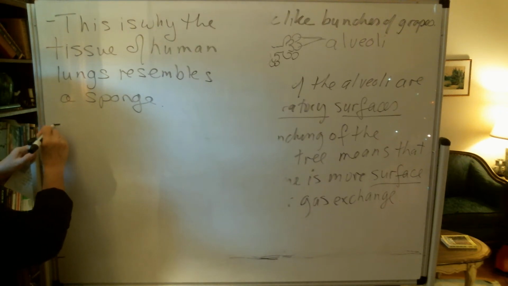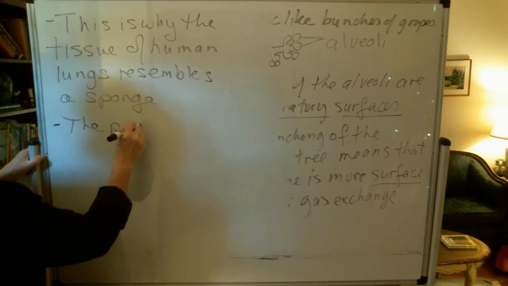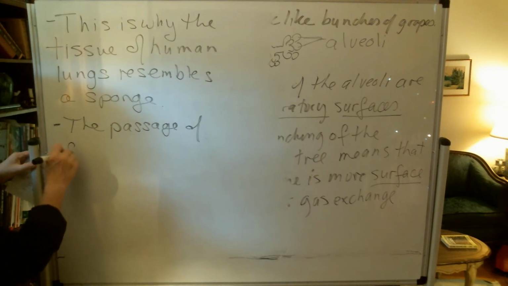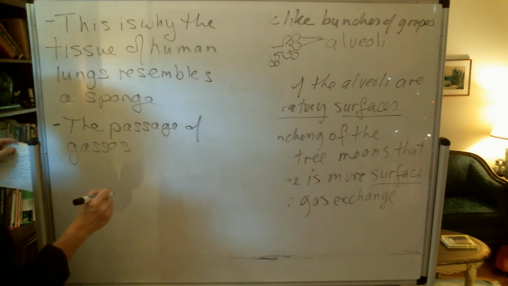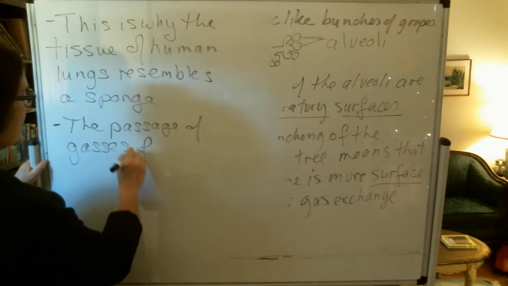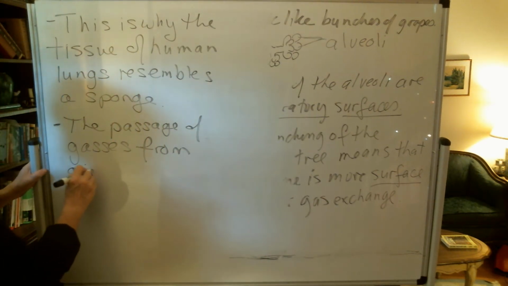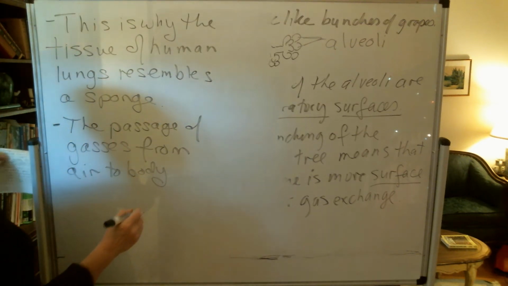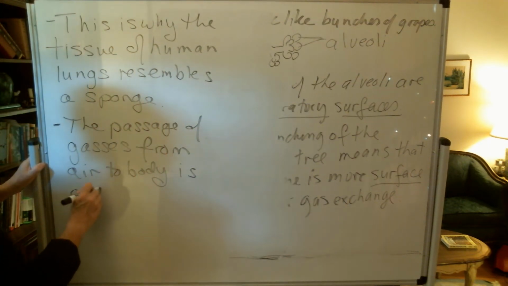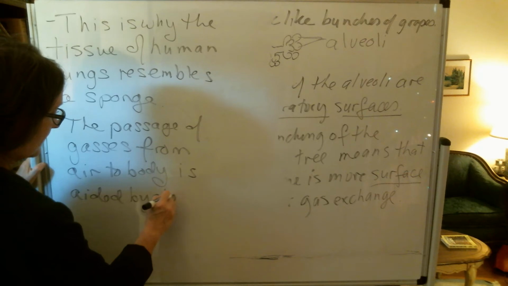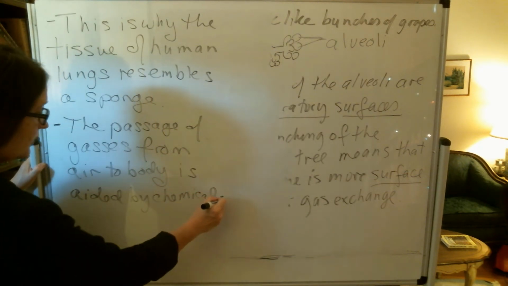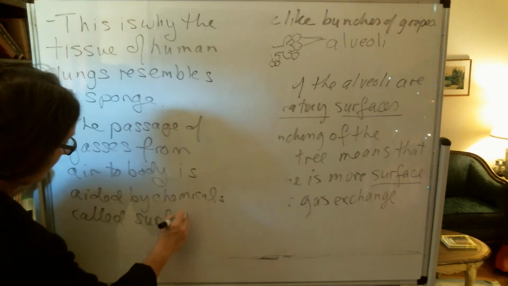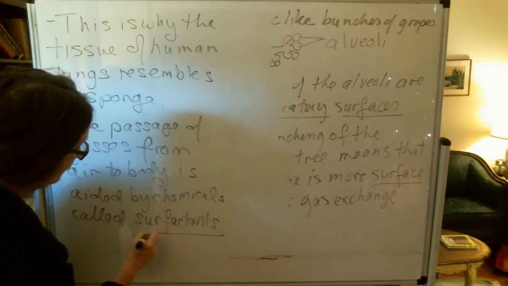And an important thing here is that the passage of gases, which is, after all, why we have a respiratory system, the passage of gases from air to body, our ability to take up oxygen and give off CO2, then, is aided by chemicals called surfactants.